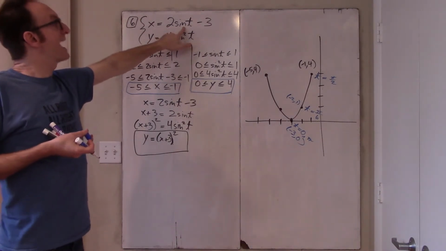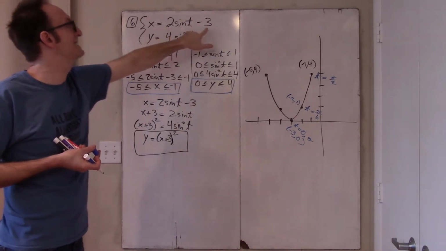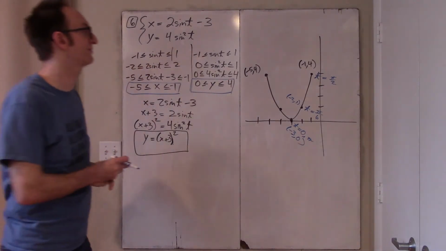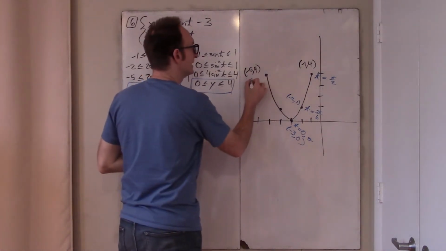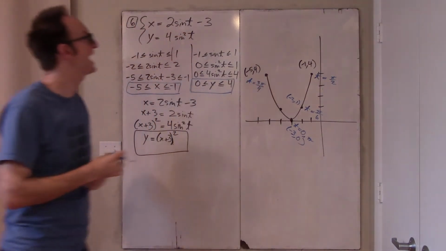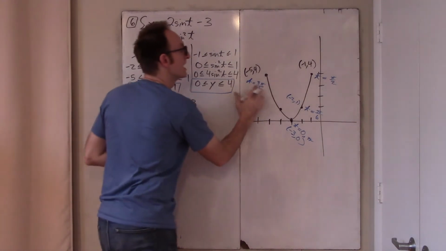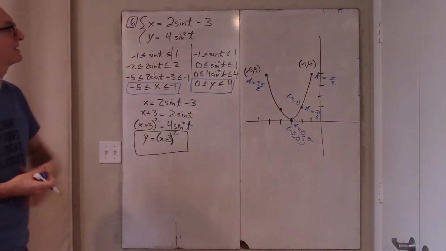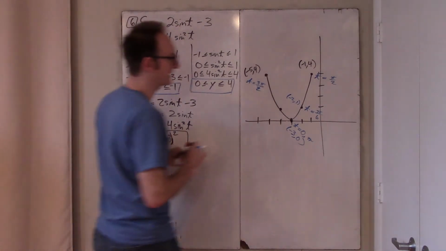Sine of 3 pi over 2 is -1, so that makes x equal -5. And here the -1 gets squared, so -5, 4. So I'm over here at t equals 3 pi over 2. And then by the time I get to 2 pi, I'm back again here.